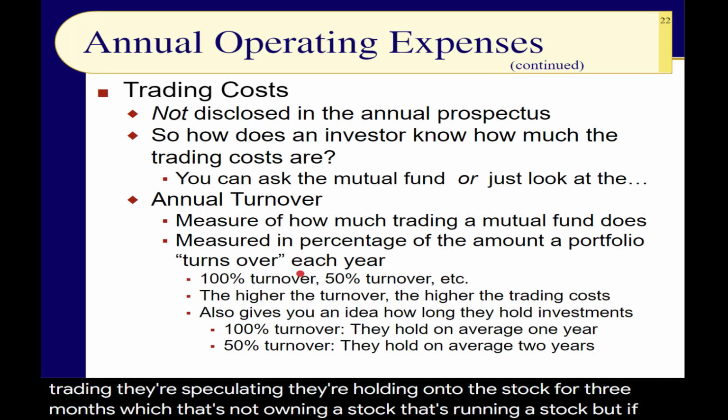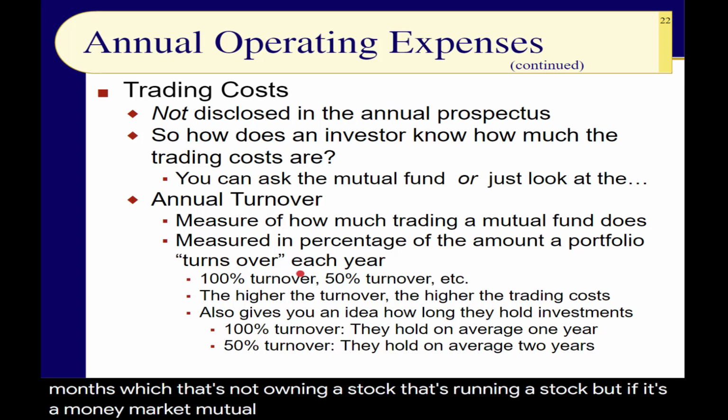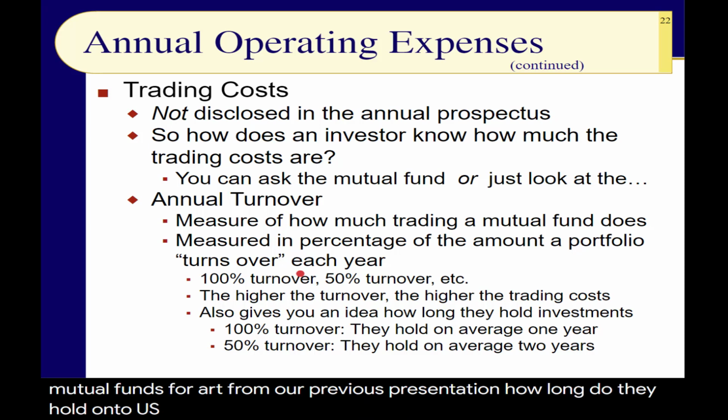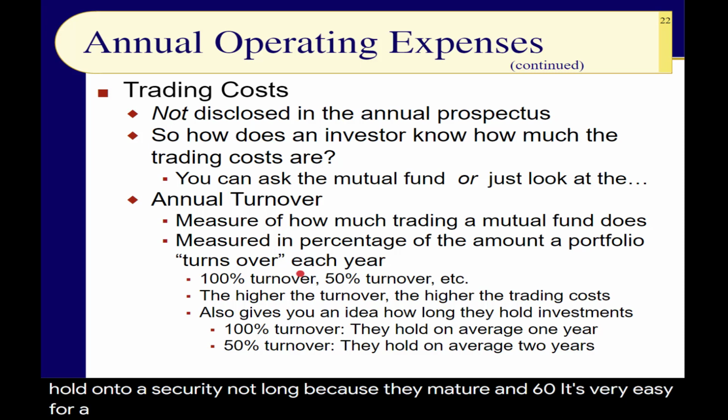But if it's a money market mutual fund, do you remember the money market mutual funds from our previous presentation? How long do they hold on to a security? Not long, because they mature in 60 days or 90 days or 180 days. So it's very easy for a money market mutual fund to have an outrageous turnover.